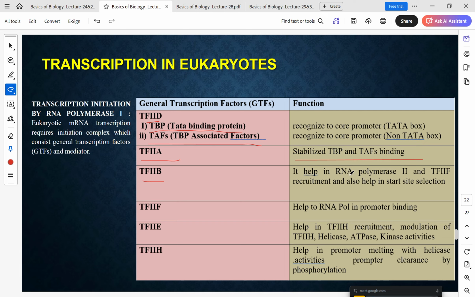TF2B helps in RNA polymerase 2 and TF2F recruitment. It also helps to locate the start site. TF2F helps the RNA polymerase in binding to the promoter. TF2E helps in TF2H recruitment, which is the last step, and TF2H helps in promoter melting with helicase activities and promoter clearance by phosphorylation.